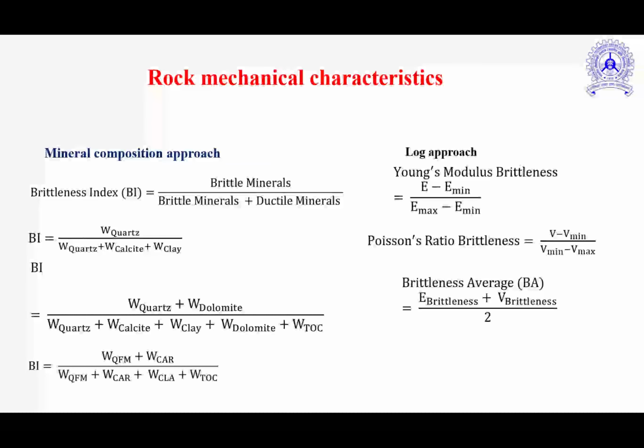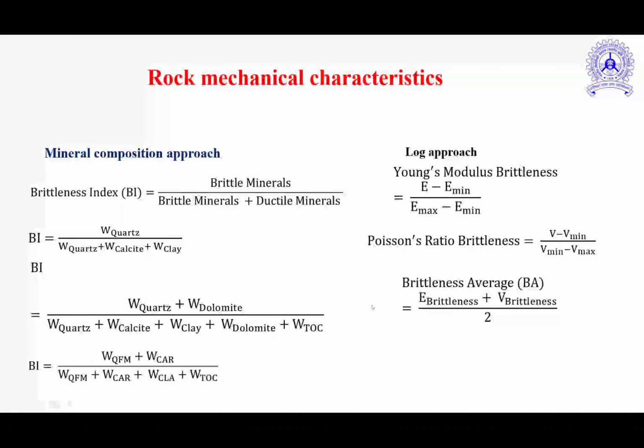The brittleness index we calculate from the core analysis, and the log analysis itself we can carry out. Brittleness average we calculate. These are the calculations we do. Different types of calculations are there. When all parameters are taken, this could be the better way to determine the calculation.